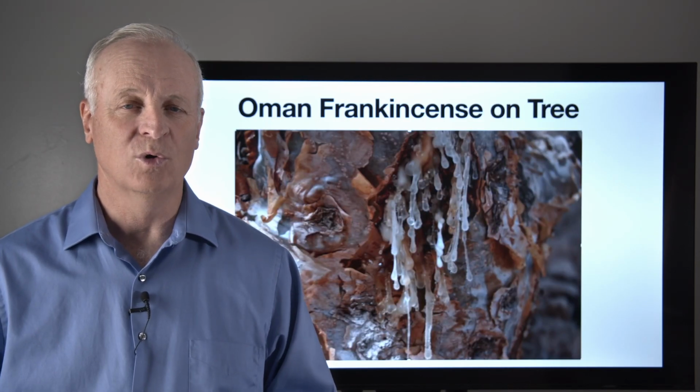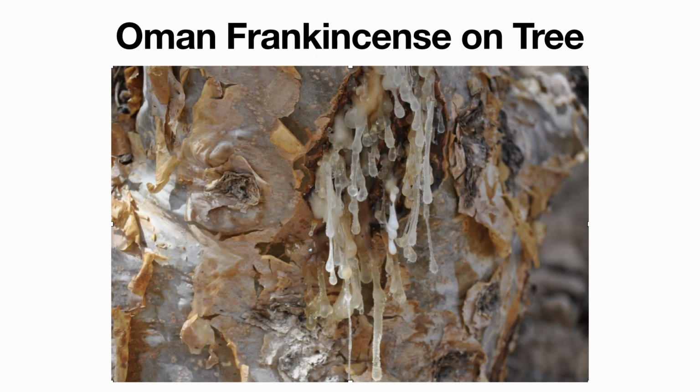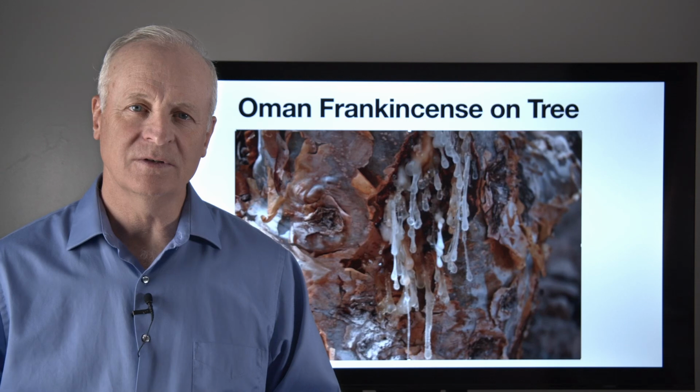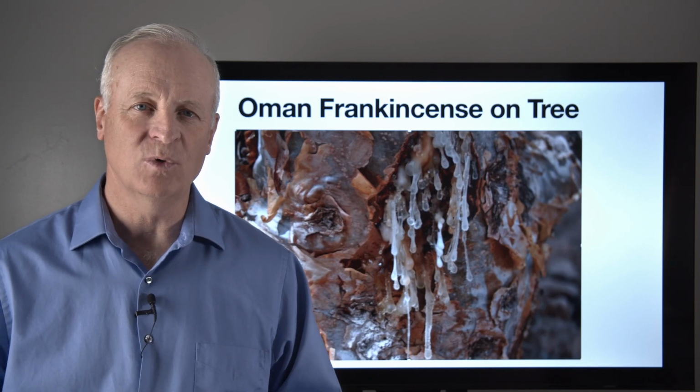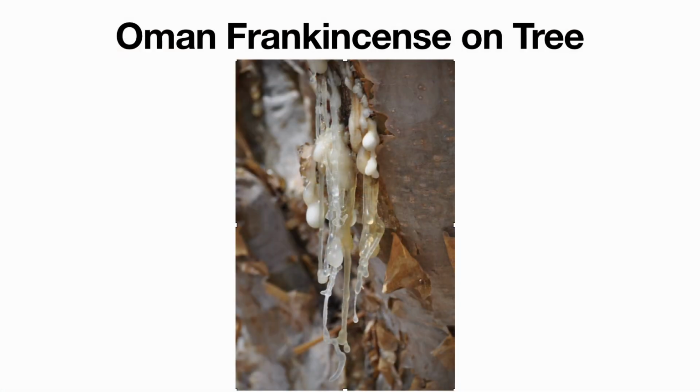This is what the oleo gum resin looks like when it comes off a scar in the tree. This happens usually every springtime in between March and May. And for 8 weeks, this resin comes out of the tree, and every 2 weeks they collect it. Here's another example of the resin coming out of the tree. Now, it's called oleo gum resin. The oleo means oil.